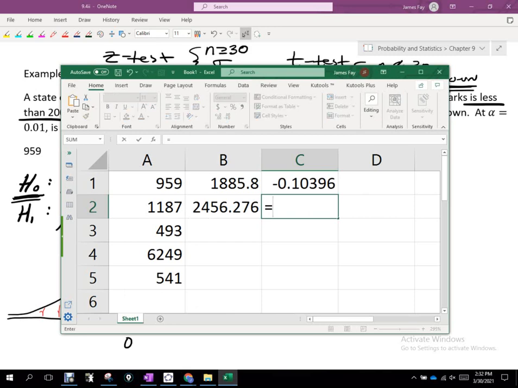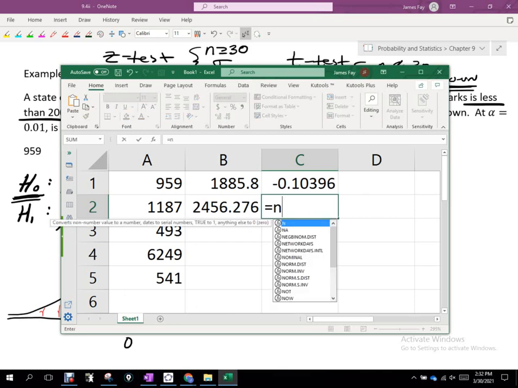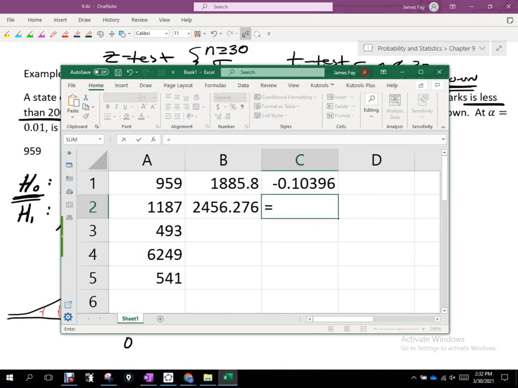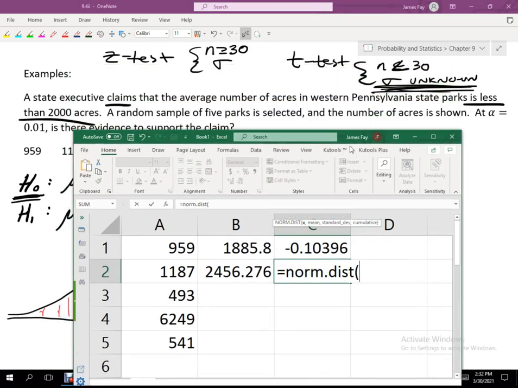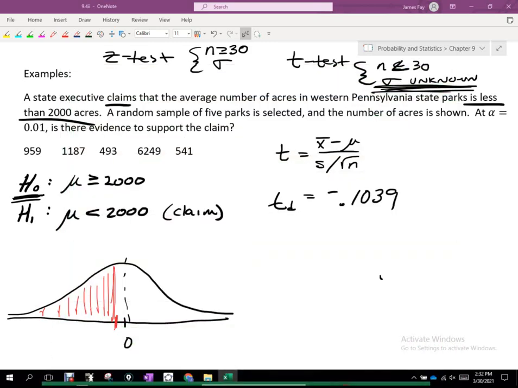So it equals norm... actually, I need inverse norm. I guess it's norm.inv. I got that backwards. I don't want the probability, so it is norm.dist. I mess those up all the time. But the way that I remember is, what do I have? Is this value a probability? No, it's a value along the standard deviations, right?